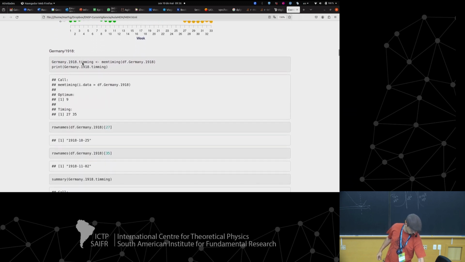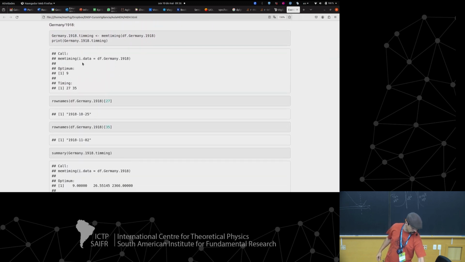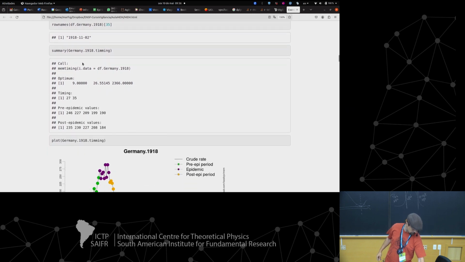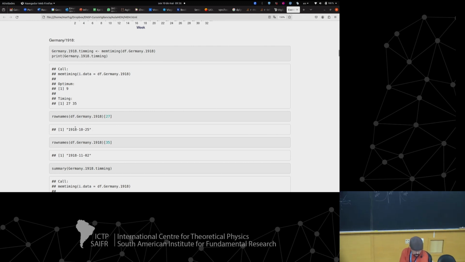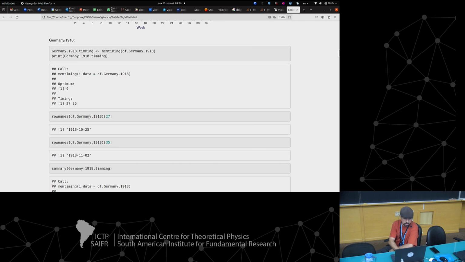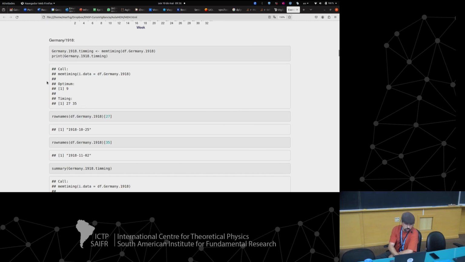Now we can do the same thing for the data set associated with Germany. Okay, and now we have that for this particular object, we already have the labels in the object itself. So again, it returns the duration here of 9, in this case, days, right?